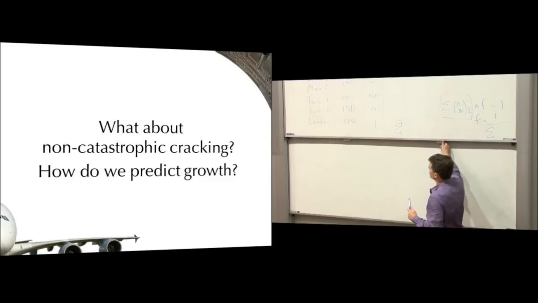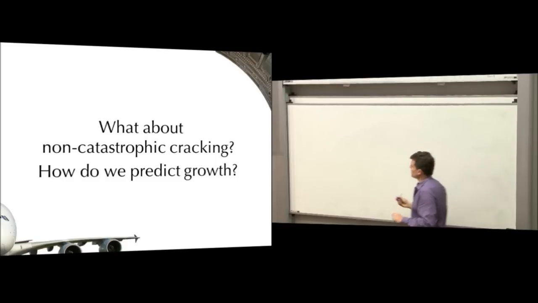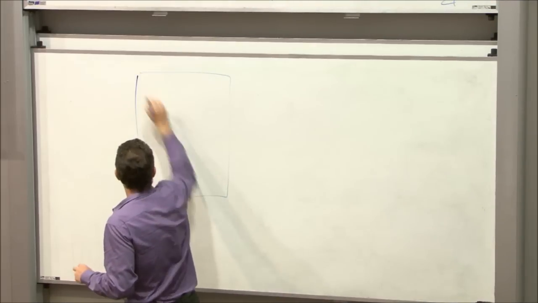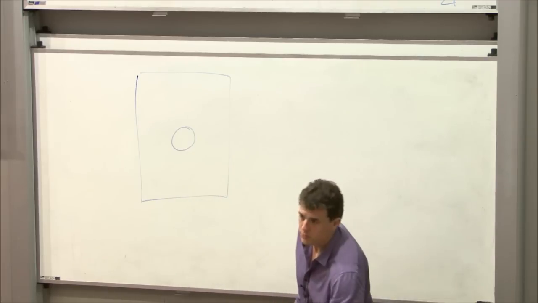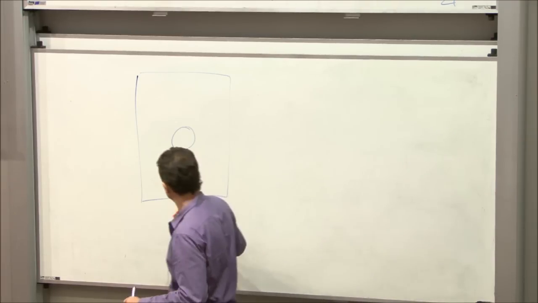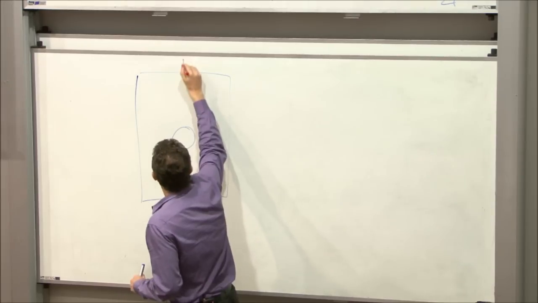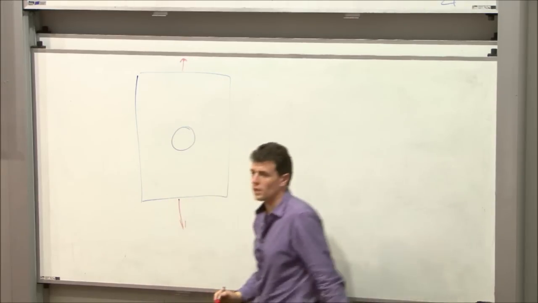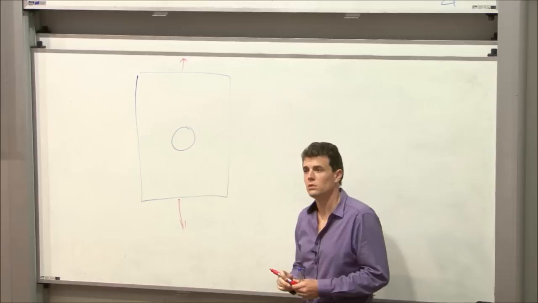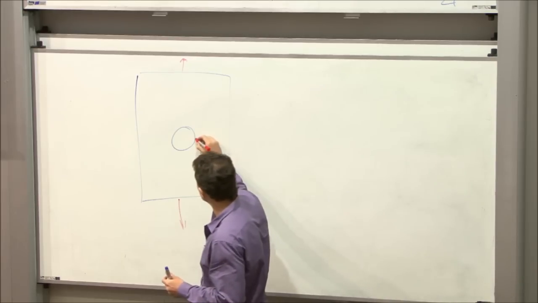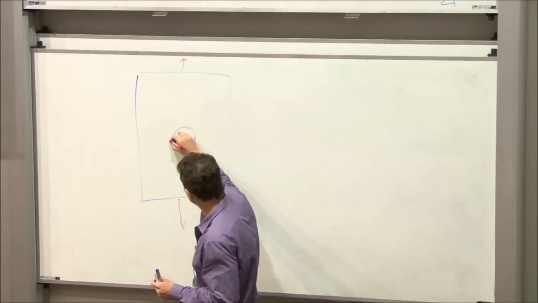Now, the prime example of that, a nice simple engineering example, would be a plate with a hole that we load up. If we load that cyclically, then there's a stress concentration here at the edge of the hole, and that stress concentration will lead to a little bit of cracking eventually.